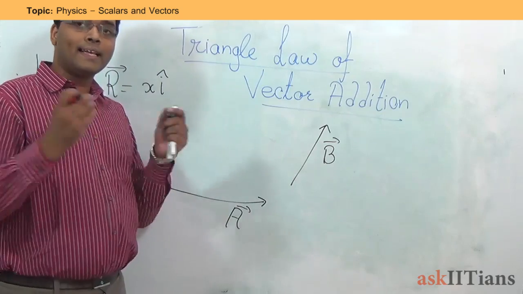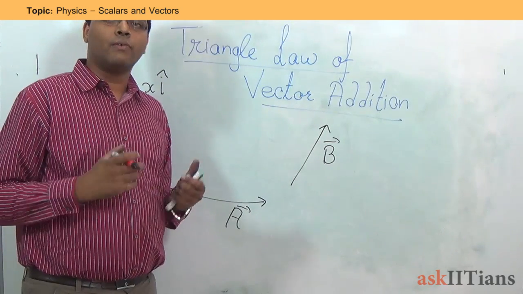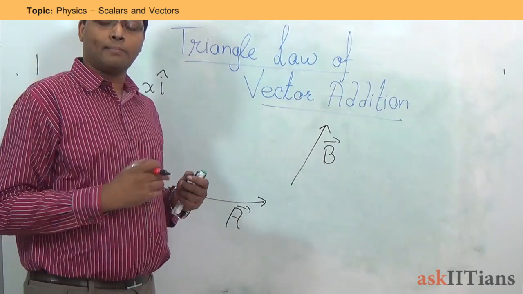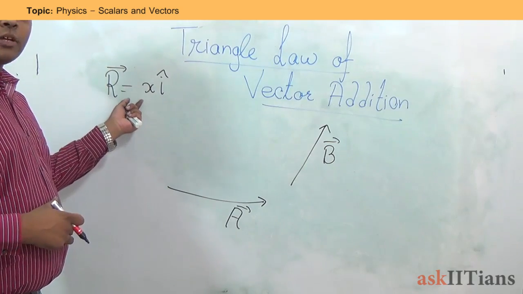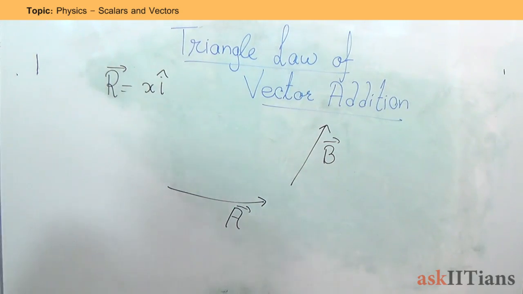So to specify the x-axis, you say that there is a unit vector. A unit vector does one thing: it specifies the direction of that particular axis. So x is the magnitude along that axis, and I cap is the direction in which it is specified.